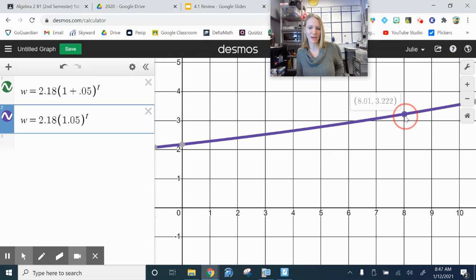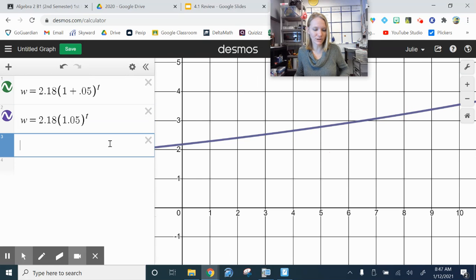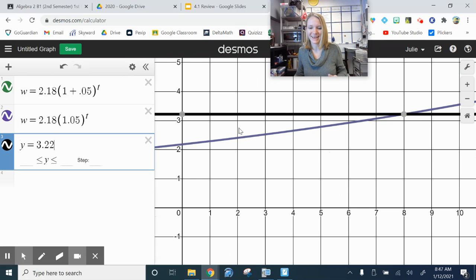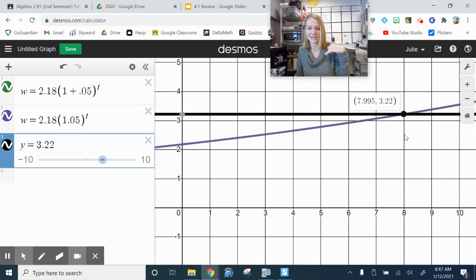Or you could actually type in y equals 3.22. Now it intersects, and I can see very clearly it says 7.995, which is close enough to 8 to call it 8. So approximately 8 years later.